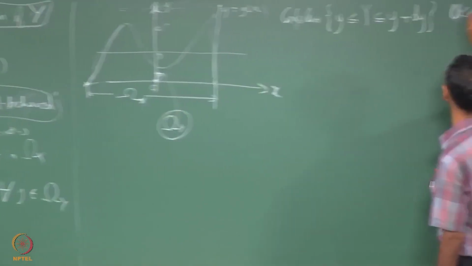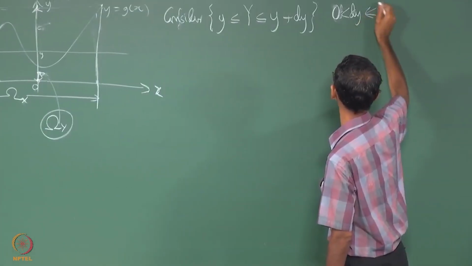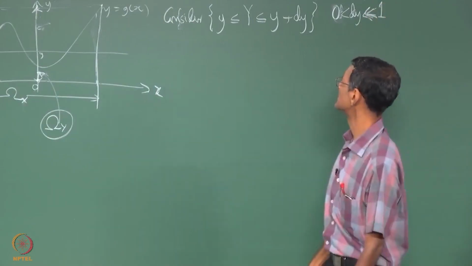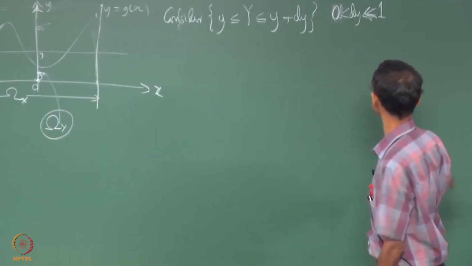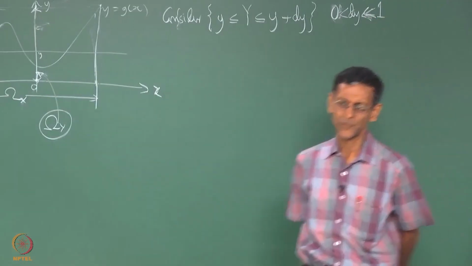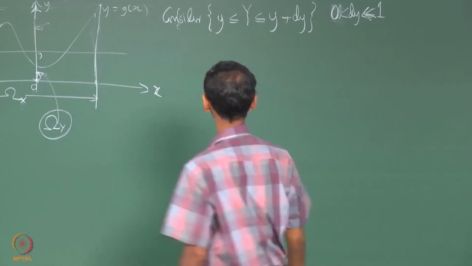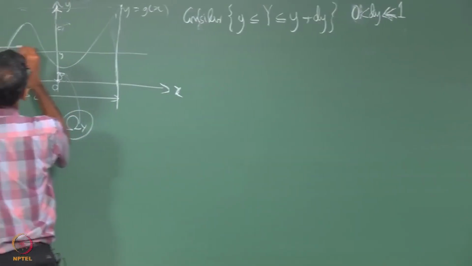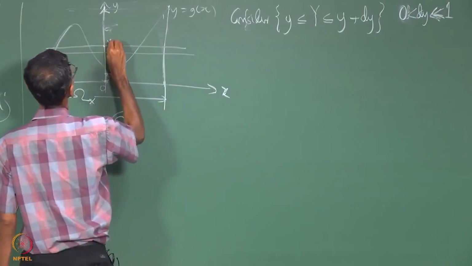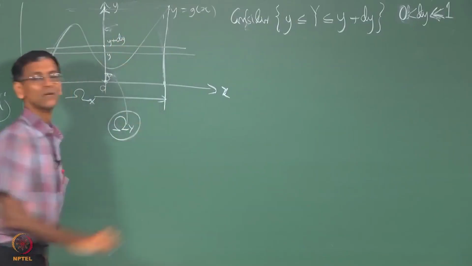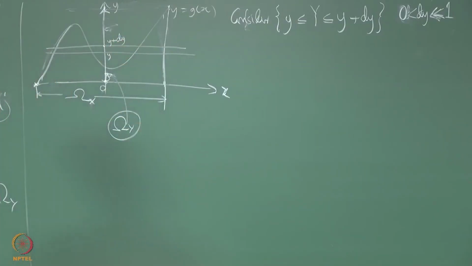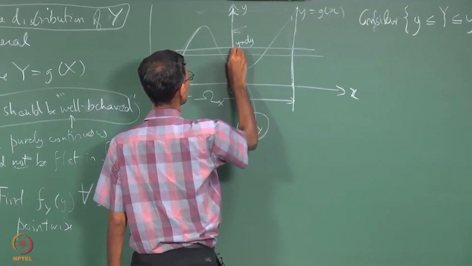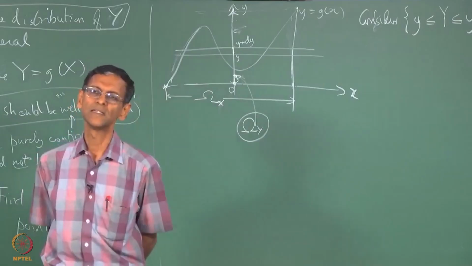So always in these things this dy is larger than 0 and it is much smaller than 1. It is the typical calculus differential, right? Positive differential. So that is an event which says that I am looking at these two horizontal lines and I am looking at the event that the output is in that interval.